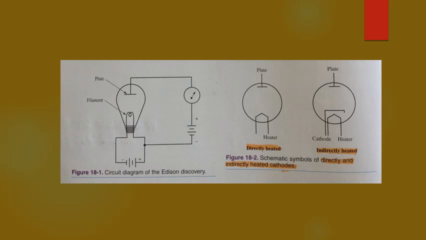In Edison's experiment, a cloud of free electrons was emitted from the filament of the light bulb. When a positive plate was placed in the bulb, the free electrons were attracted to the plate.